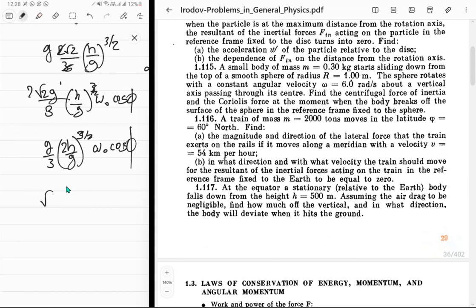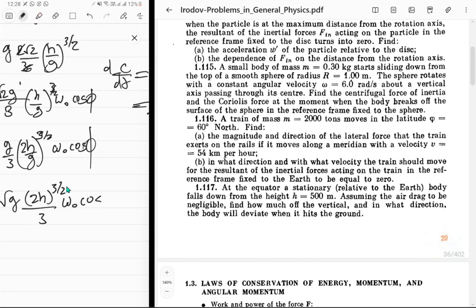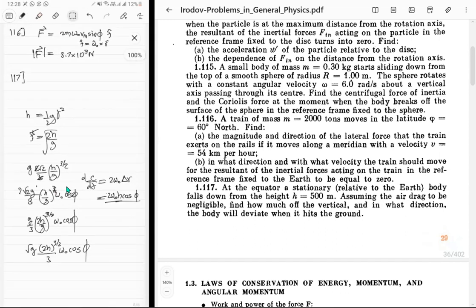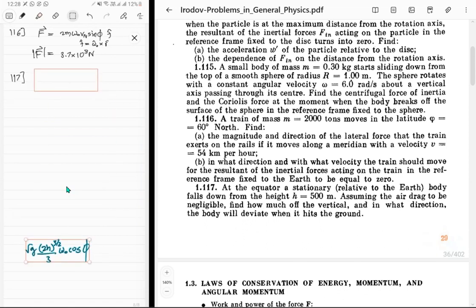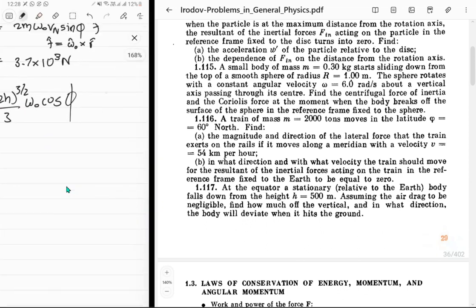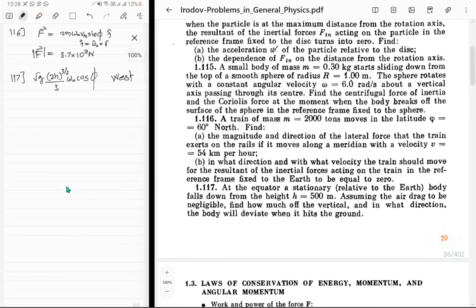It's got square root g, and then 2h to the power 3 upon 2 upon 3, omega naught cosine phi. This is our final answer. I can get rid of all of this and just put that in here. And this is in the west. Let's calculate this.